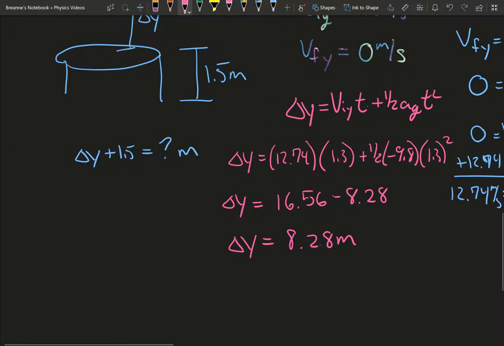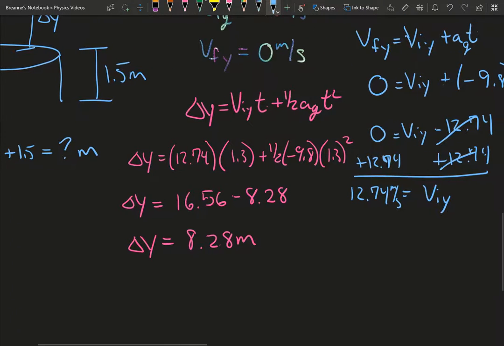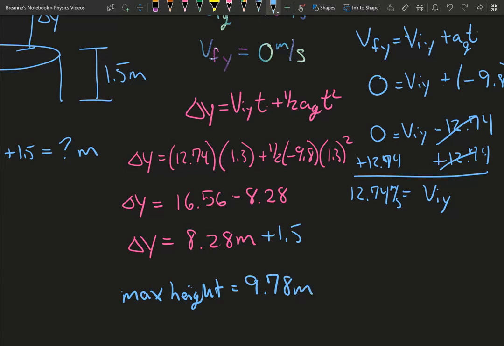But remember, you have to add our 1.5, because it wants the maximum height off the ground, not off the trampoline. So we have to go ahead and add our 1.5 meters onto that. So we get that her max height is 9.78 meters. There you go.